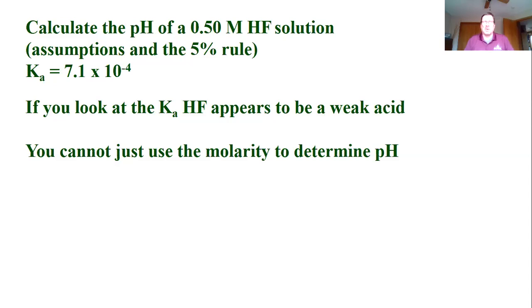So as you get below 1 on the pH scale, then you're probably stuck with a strong acid anyhow, and your pH would be the same as using the initial concentration. That is not true of a weak acid. So assumption number 1: it looks like a weak acid, so I can't just use the molarity.